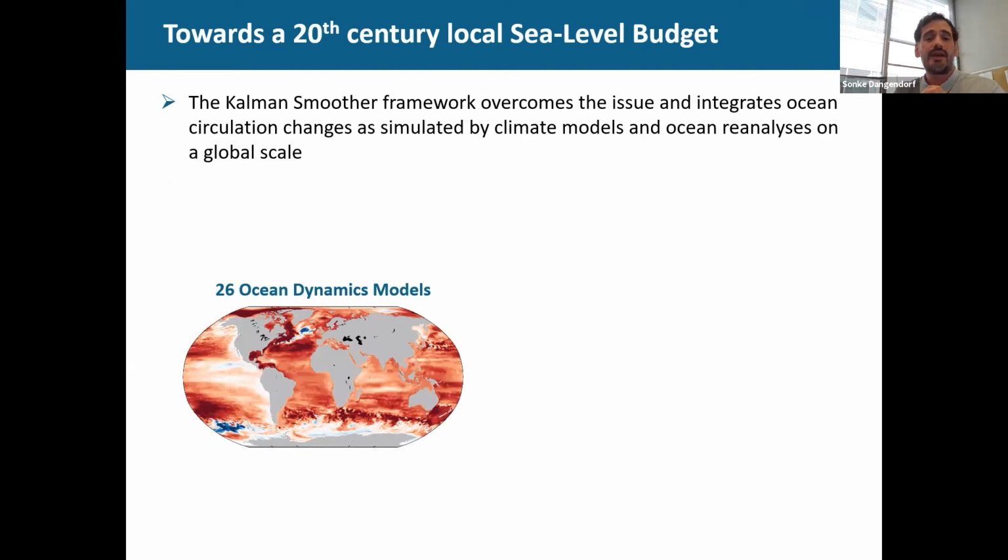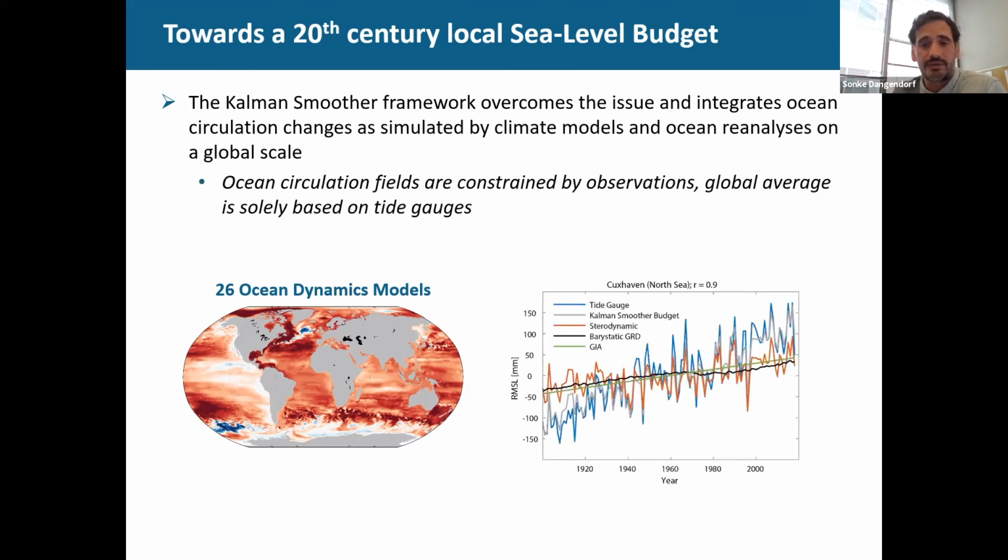We estimate that steric component as a weighted average of all these assimilated models, plus that global mean from the tide gauges. So the Kalman Smoother framework overcomes the issue. It integrates ocean circulation changes assimilated by climate models and ocean reanalysis on a global scale, and so we get it at every individual grid point.